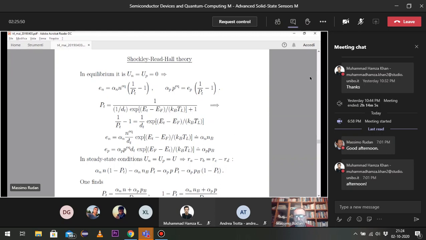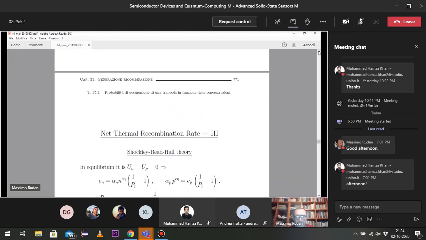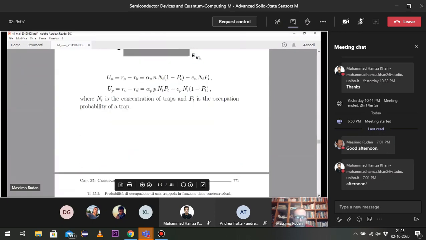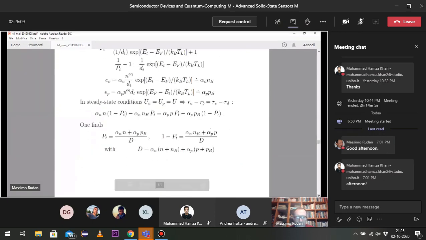So now we take the expression of Un, this one. We put it equal to the expression of Up. Again, the concentration of the traps cancels everywhere. And we have this relation, this one: alpha n n times (1 minus pt) minus alpha n NB pt equals this other expression, okay?